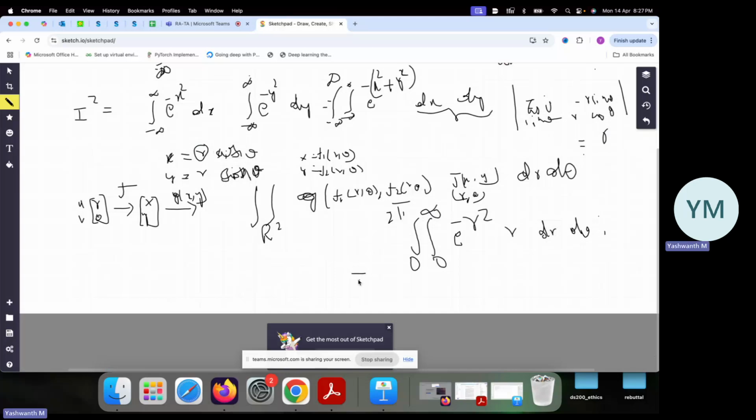So this will yield a simple substitution. We can compute this.